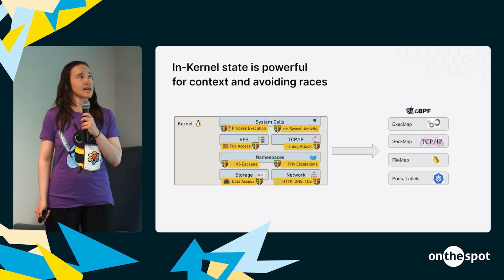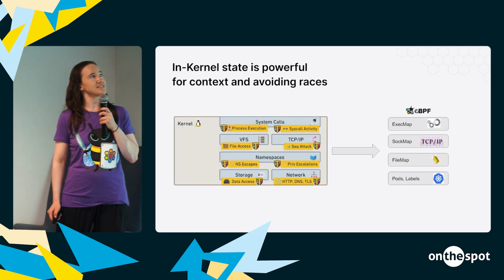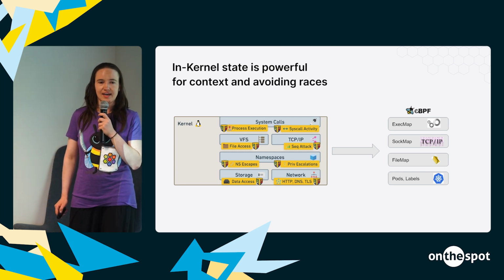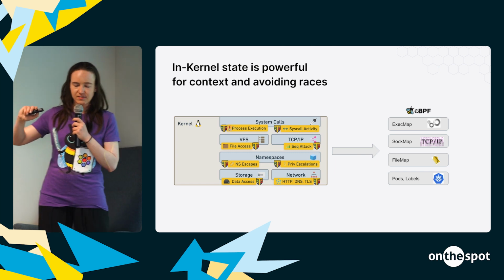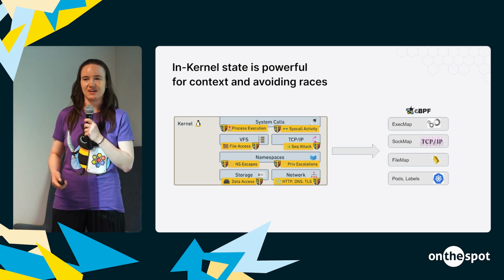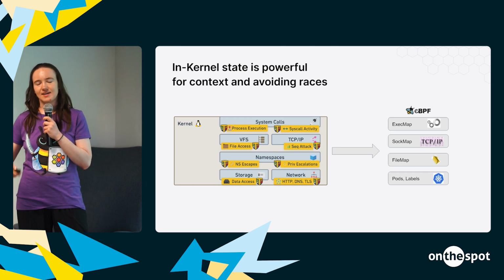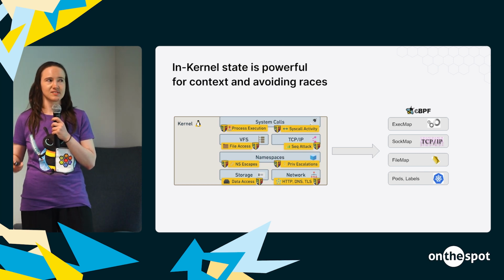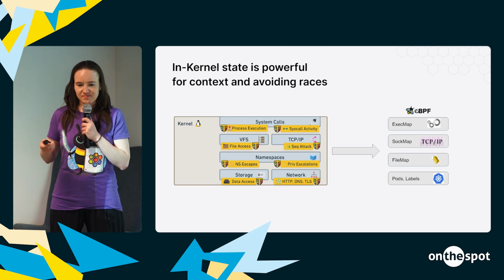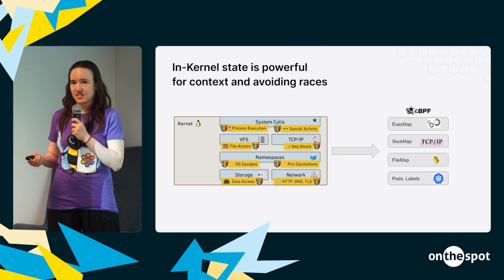The first thing is that in-kernel state is powerful for context and avoiding races. A core component of Tetragon are, of course, the BPF programs. And BPF programs use BPF maps for the state, essentially.